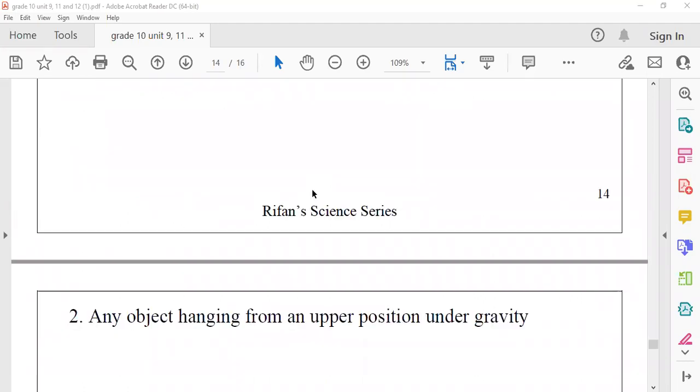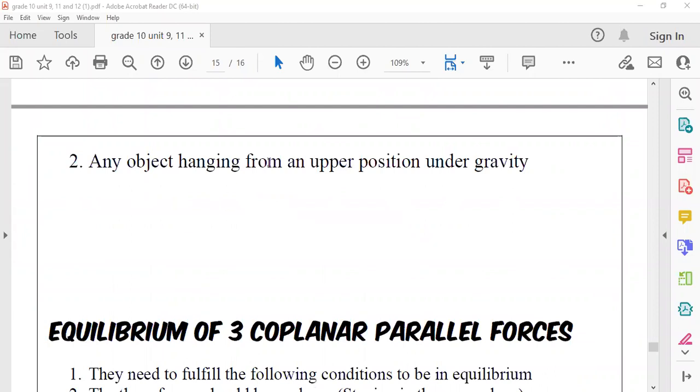Right. Coming to the second one, any object hanging. Now, from the roof, using a thread, an object is hanging.